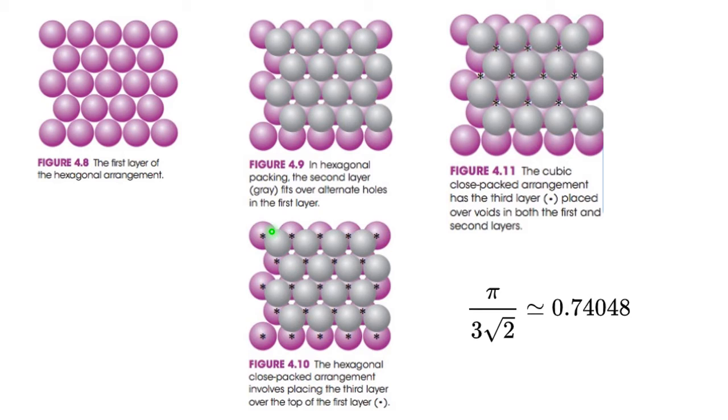Again, packing will be exactly identical. The empty space will be exactly identical, but the motif is different. You are putting or at one or at another position. You have two choices for the third.